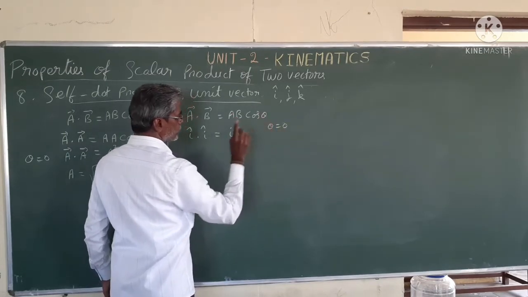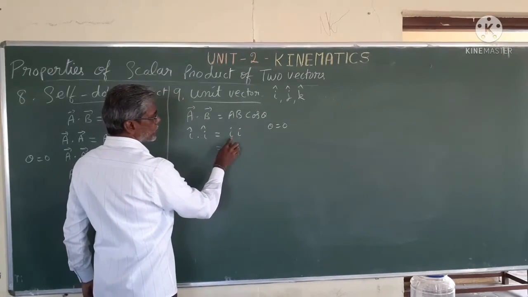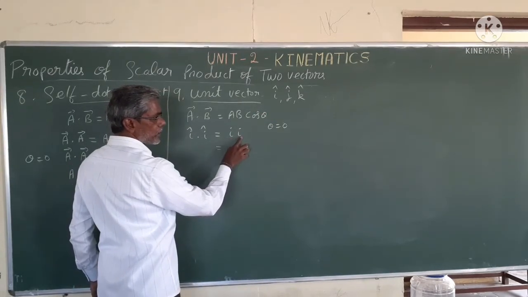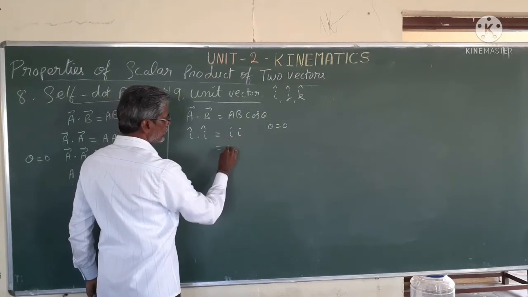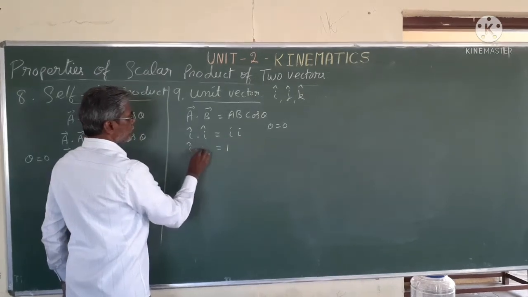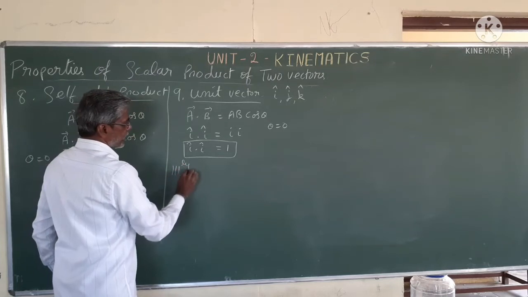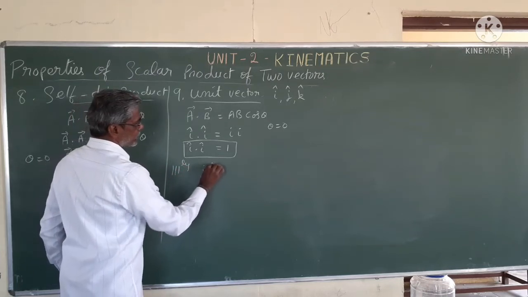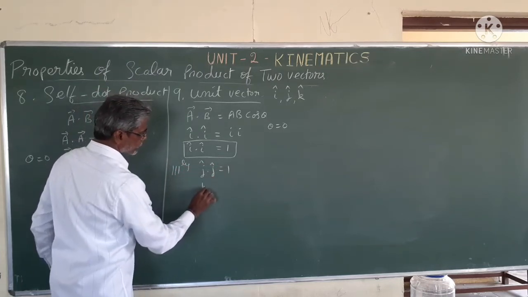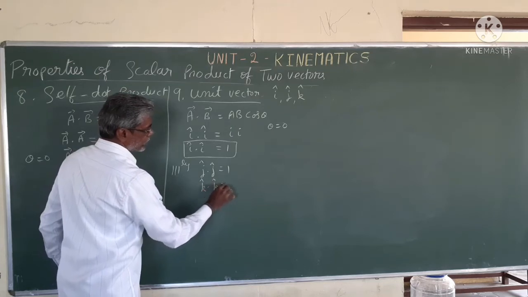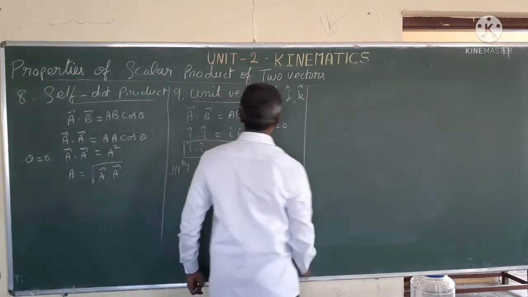So cos 0 is 1. What is the value of I? 1. So 1 into 1 is 1. So I vector dot I vector is equal to 1. Similarly, I can write J vector dot J vector is equal to 1, and K vector dot K vector is equal to 1.